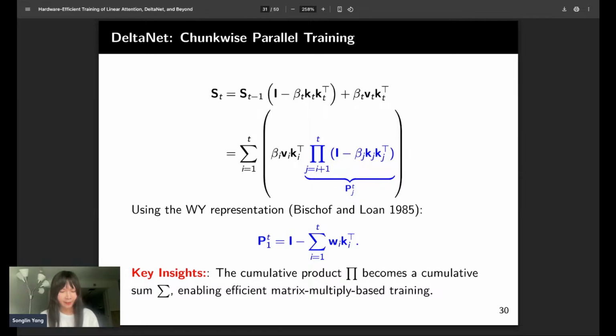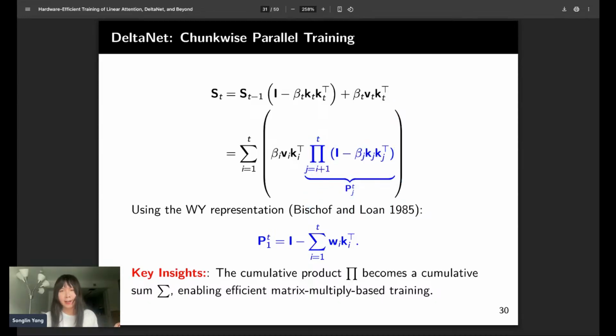So first off, if we want to train the RNN in parallel, we need to unroll this recurrence. And by unrolling the recurrence, we will have the cumulative product of this transition matrix. And in the DeltaNet case, we also have this cumulative product of the transition matrix, which is colored in blue.